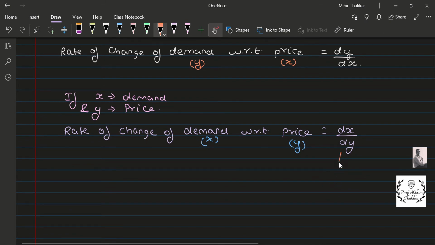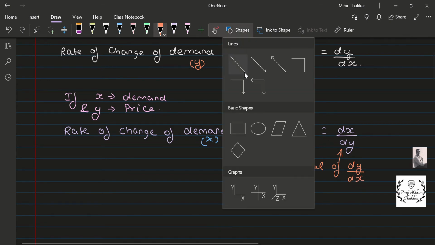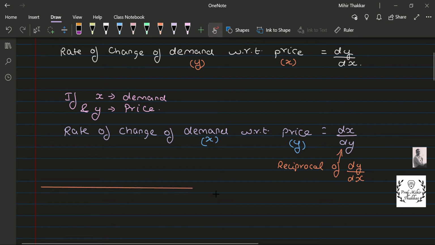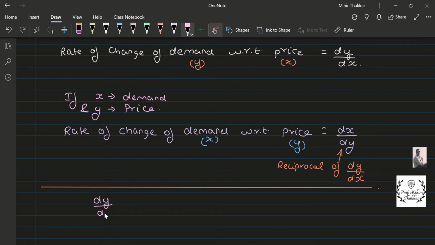dx by dy. Now what exactly is this dx by dy? Dx by dy is just the reciprocal of dy by dx. So when we want to find out the value of dx by dy in our given question, what we will do is find out dy by dx first, step number 1.